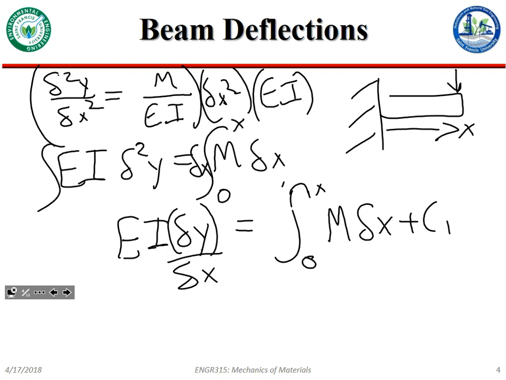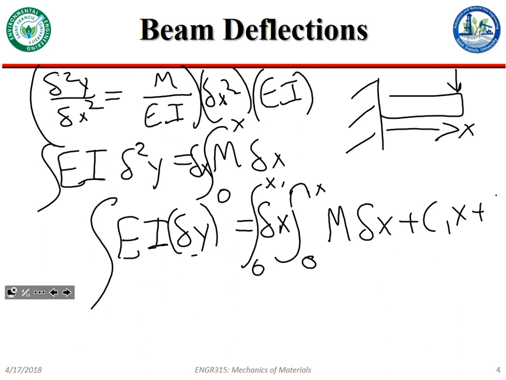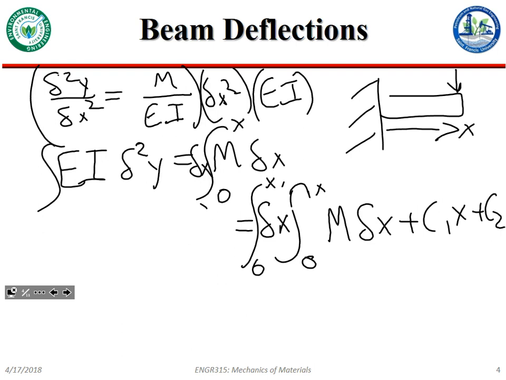If we integrate this one more time, so integrate once more, put a dx on this side where it belongs. Get something like that on the right hand side, and we're up to EIy on the left hand side.